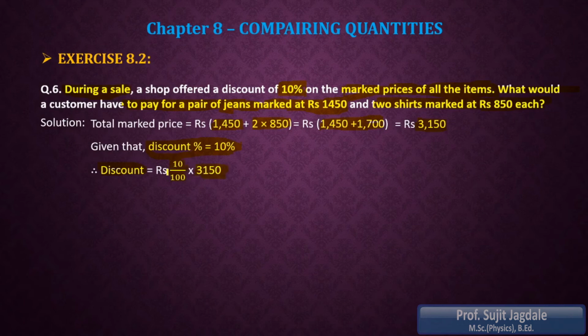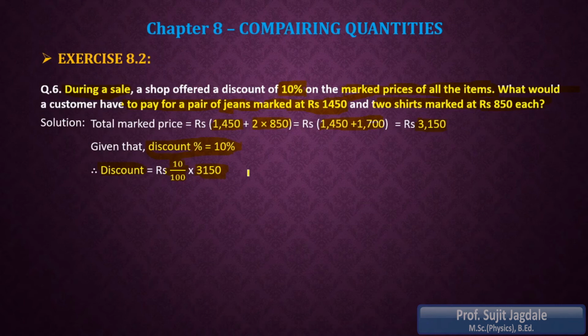Here we convert the percentage into a ratio by dividing by 100. We have to calculate the discount value, which is 10% of 3150.